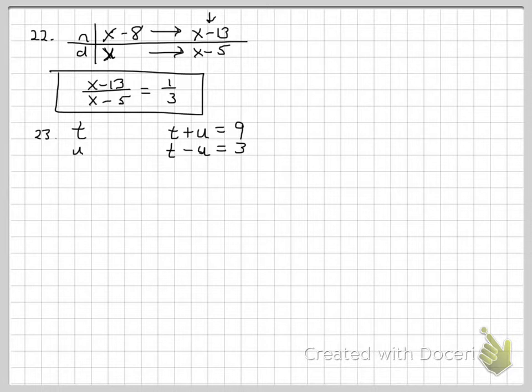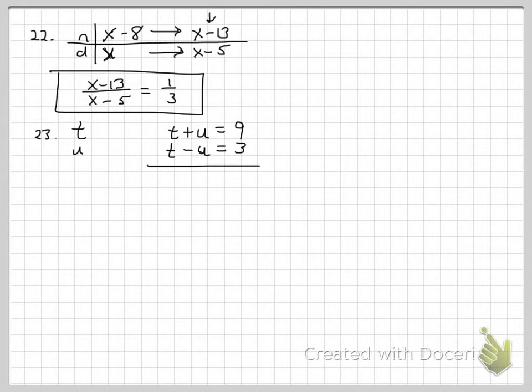Now I can solve that two ways. I could solve it by substitution. I would say t equals 3 plus u and substitute that into the first equation, solving for u first and then for t. So that's one way I can solve this, and the other way is what I call elimination.